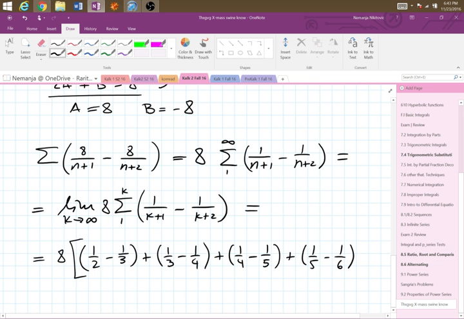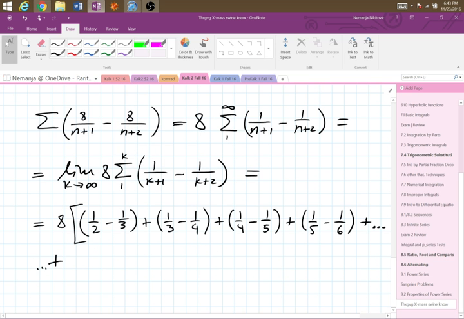So let's see, this will cancel. This is actually too much, but that's okay. At the tail end, we copy 1 over k plus 1 minus 1 over k plus 2, plus the term before, which takes away 1 from the k, so 1 over k plus 1.